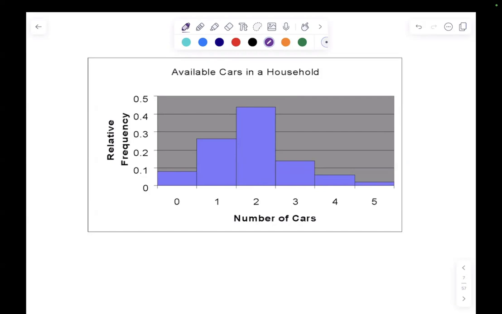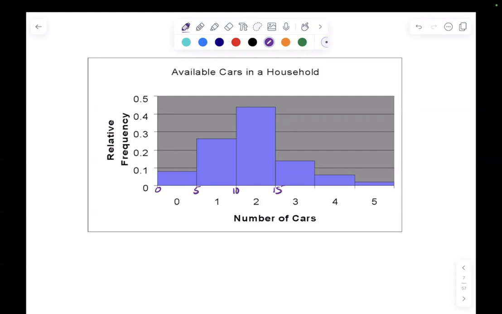Then I'd put a 5 here, because that's the beginning of the next bar, 0 here, and the next bar up here would be 10. Then this would be 15. This is how we're going to be doing it with continuous data, or if we separated the discrete into larger intervals.